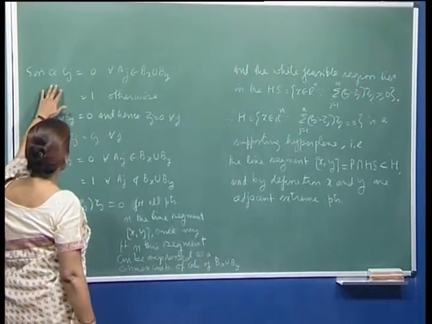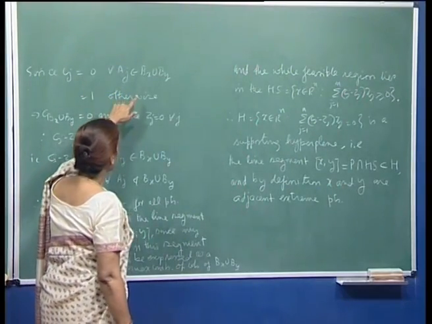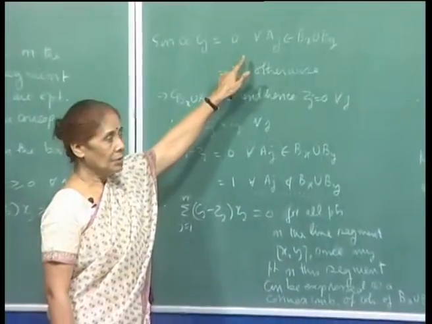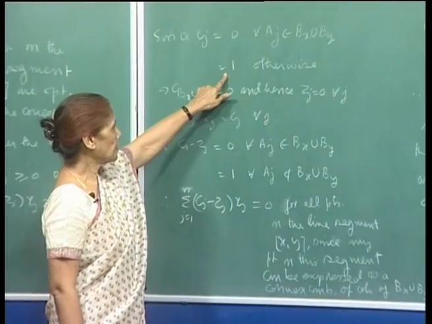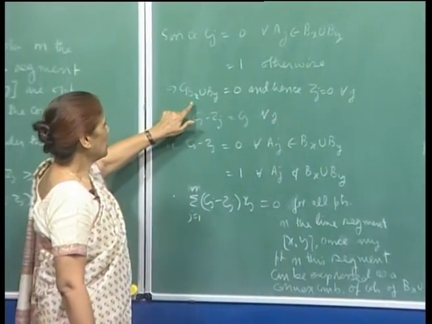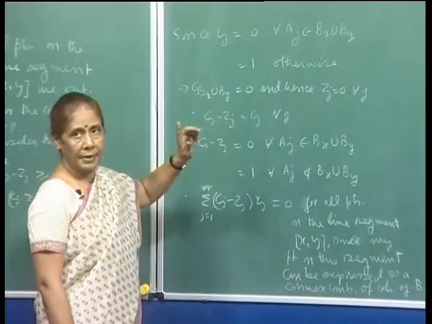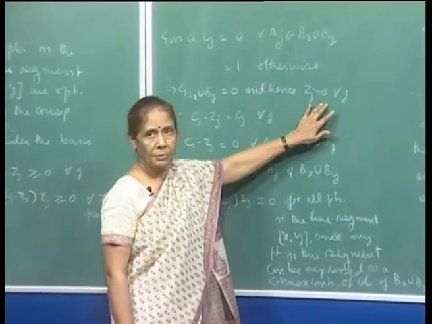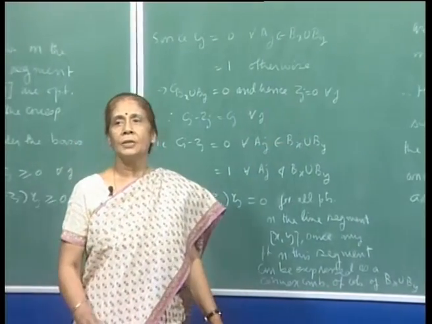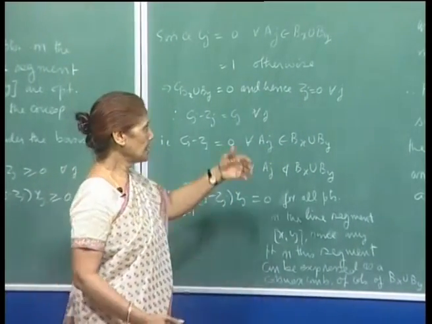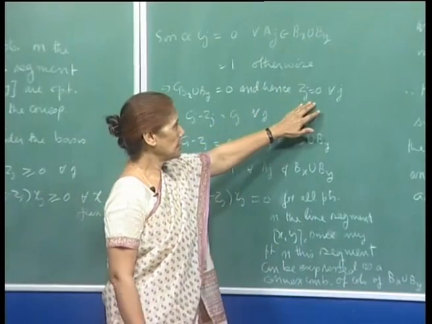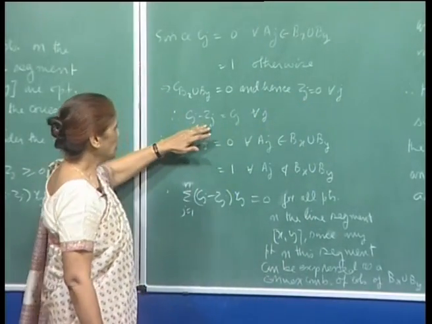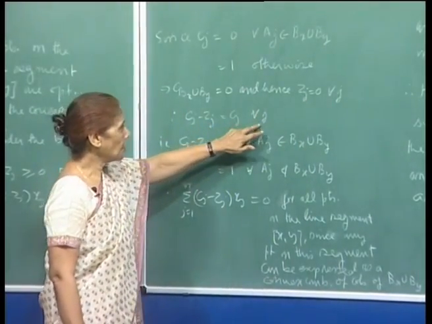So we were looking at this: for all columns in Bx union By, your Cj's are zeros and the cost coefficients are 1 otherwise, right. So that means for all basic variables the corresponding costs are 0 and hence your Zj will be 0. Remember, Zj is computed as Cb B inverse Aj. Since Cb's are all zeros, your Zj's will be all 0 and hence your Cj minus Zj's are Cj's for all j.